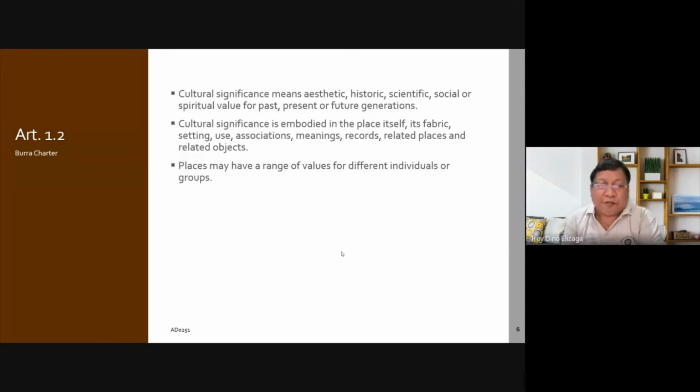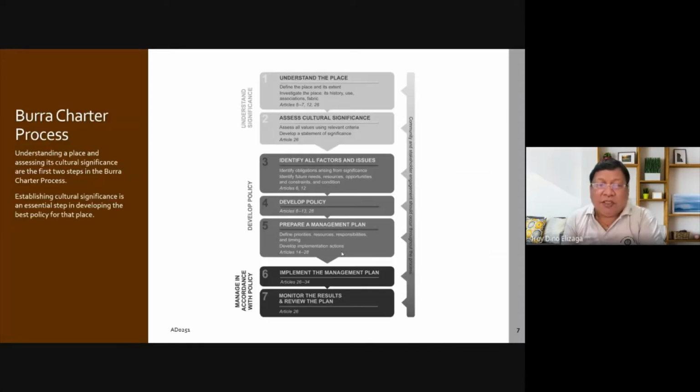Okay. Now I have shown you a diagram, which is the Burra Charter process. And it says here that the understanding of significance is the first two steps in this process. So first we understand the place, which is where we define the place and its extent, and investigate the place, its history, use, association, and fabric.